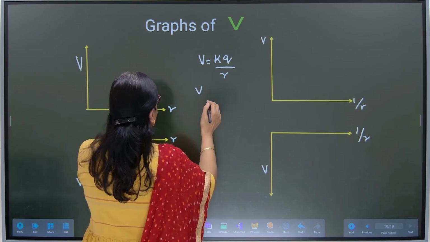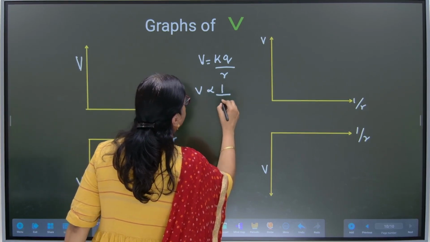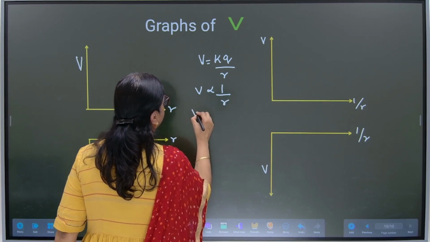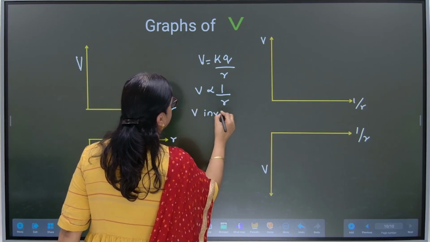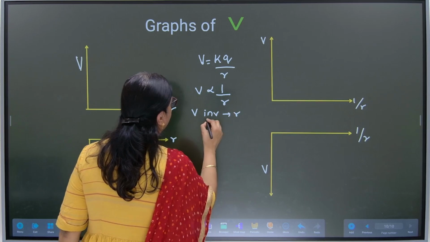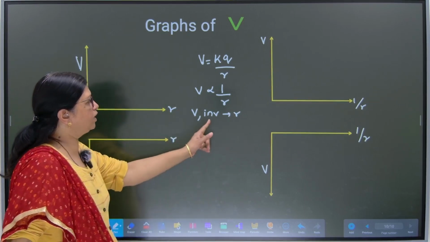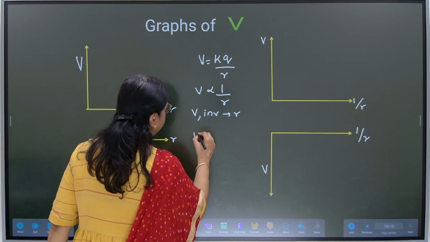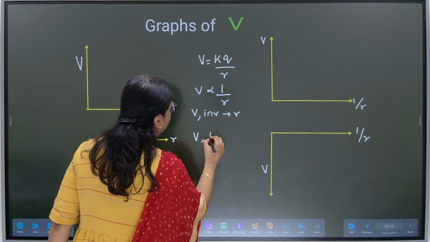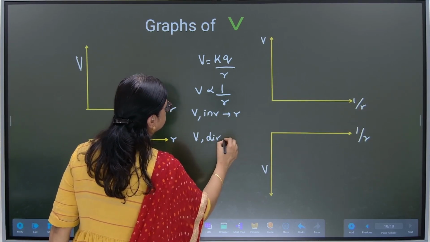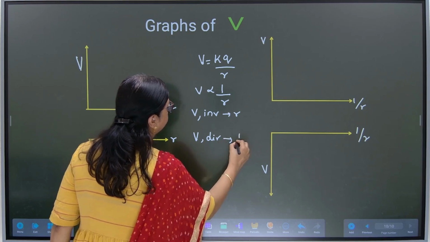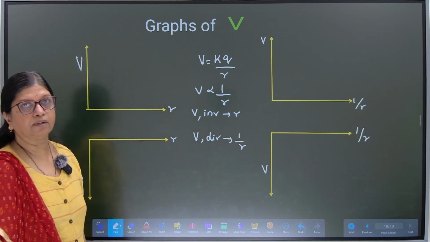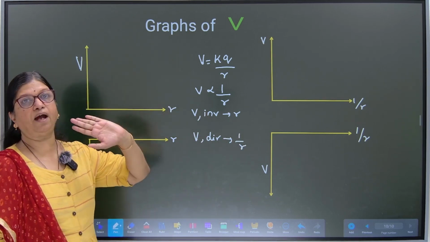V is inversely proportional to R. How do I read it? V inversely proportional to R. I can also read it as V directly proportional to 1 upon R. These are the two ways of reading any graph.